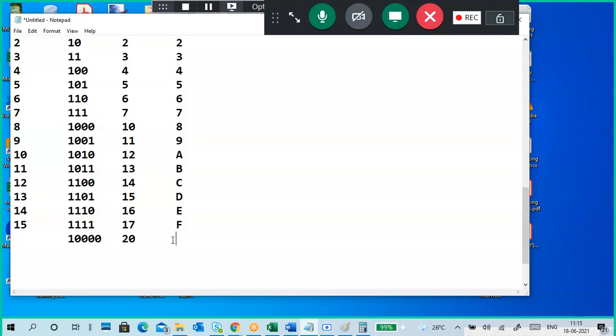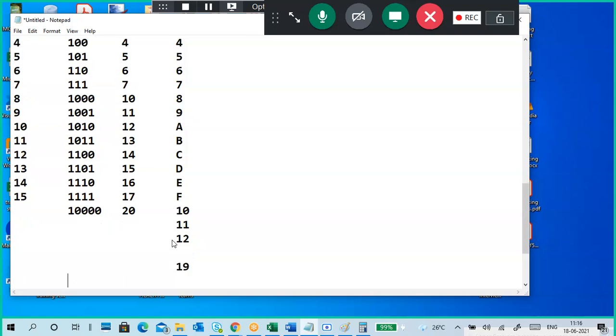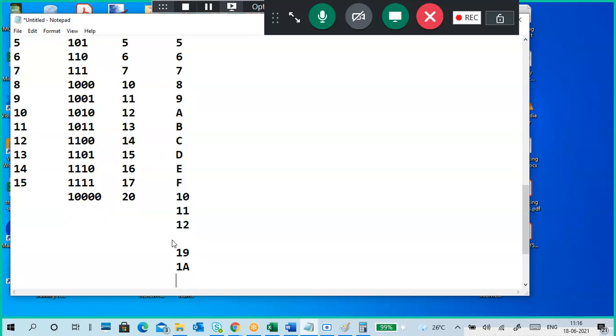What is the next one after F? 10. Again it will follow like 11, 12, like that. Once you reach 19, what is the next number? 1A.